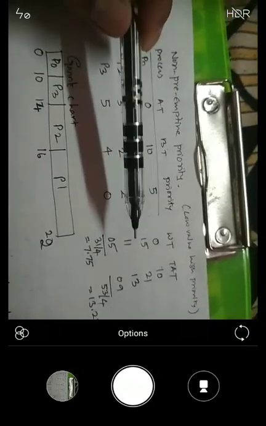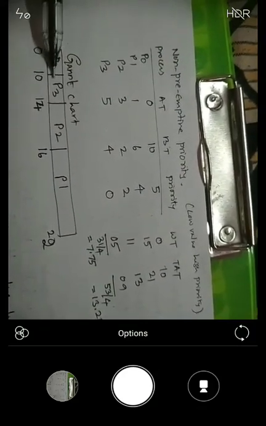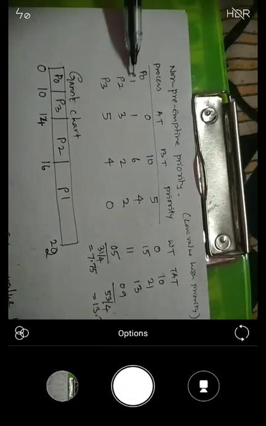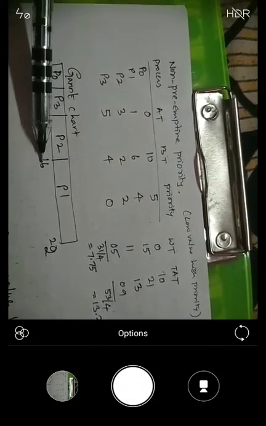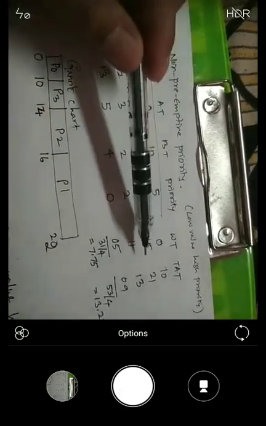Then, as usual, waiting time is calculated, as we already discussed in detail in the previous session, so I will not spend much more on it. The waiting time for P0 is 0, because it arrived at the 0th second and execution started immediately. Now P1 is executed at the 16th second, and its arrival time is 1, so 16 minus 1 is 15.